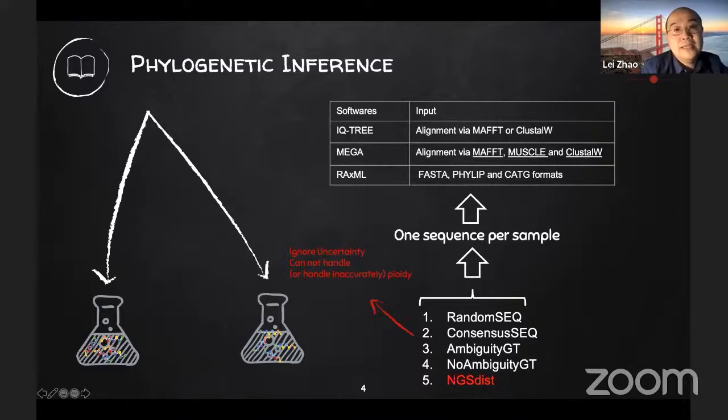This method incorporates the genotype likelihood into the phylogeny inference. They argue that because they introduce this kind of uncertainty measurement, they can get a more accurate result. But as I will present later, this method is also not that good. And that's why I want to introduce our own solution to this modern NGS data.